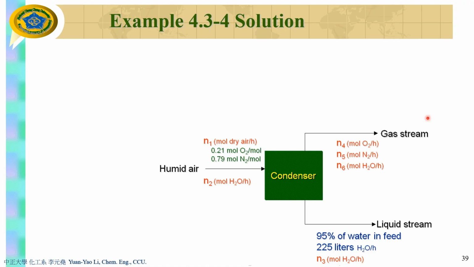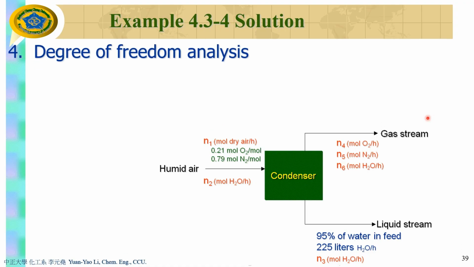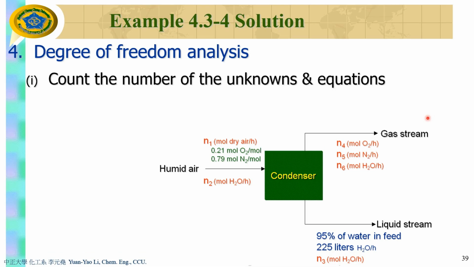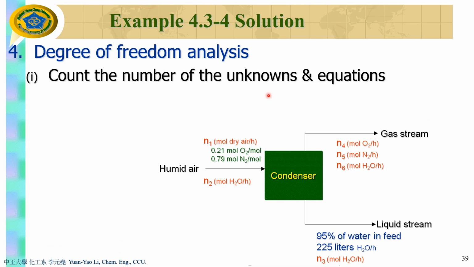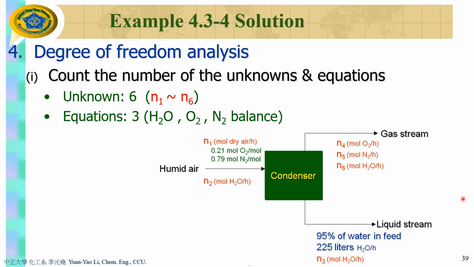So, how can we do the degree of freedom analysis? Remember I told you there are 6 directions, but now at this moment, we just think of 4. So count the numbers of the unknown and the equations. So how many unknowns? You have 6, right? You have 6 unknowns. And how many equations you can produce from this flow chart? Let's think of this systematically.